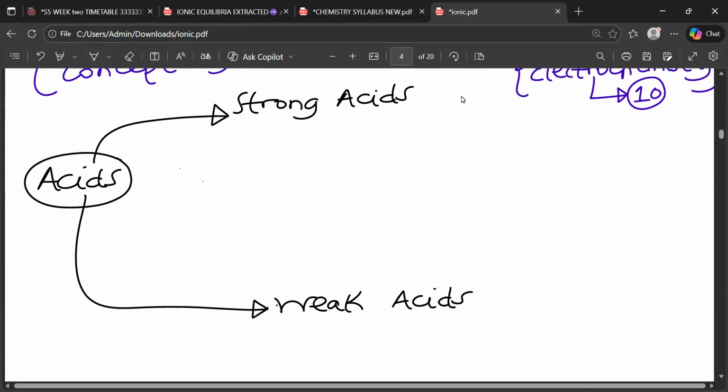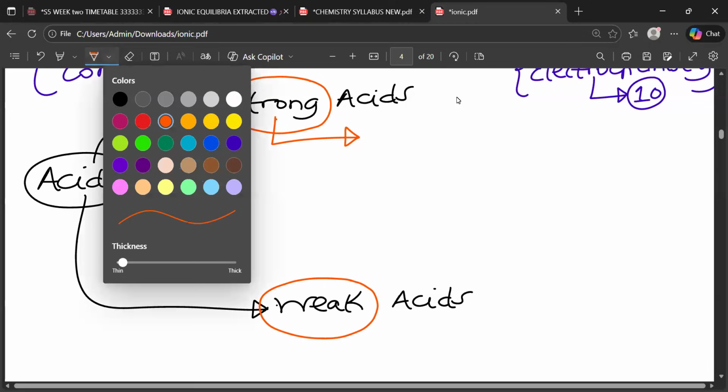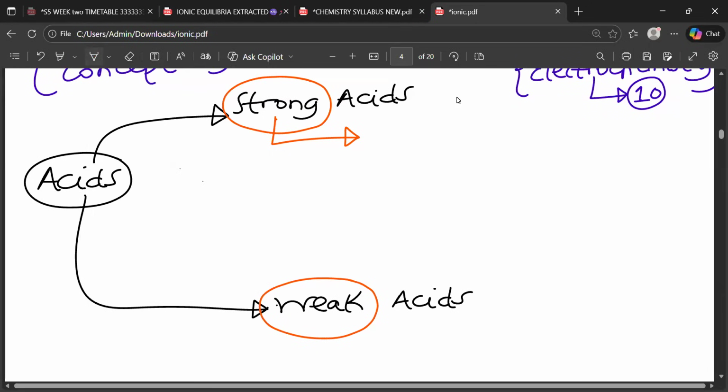Okay. So, who can define for us strong acids? I didn't want to say these things. I don't know what made me write them. Who can define for us strong acids? No one? Yes, Richard. A strong acid is one which fully ionizes and dissociates in a solution.